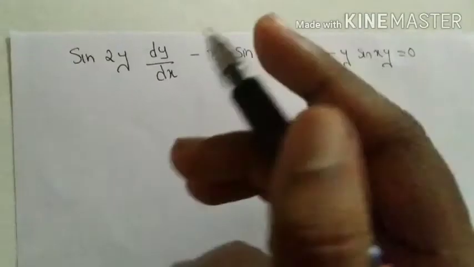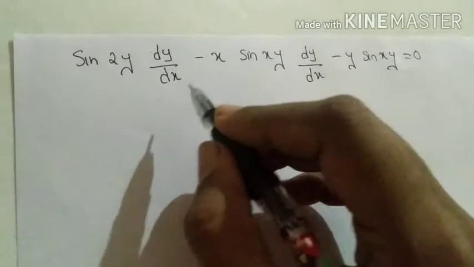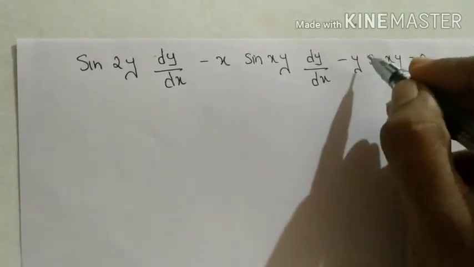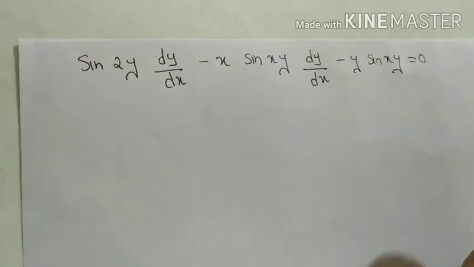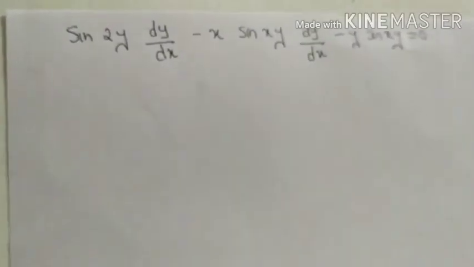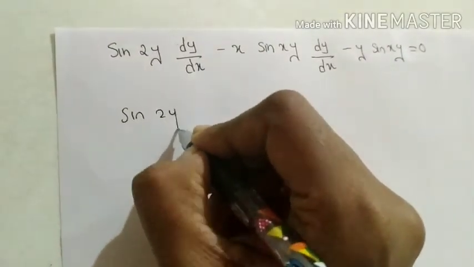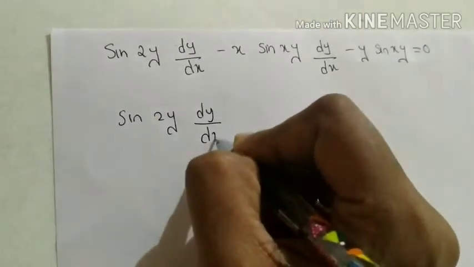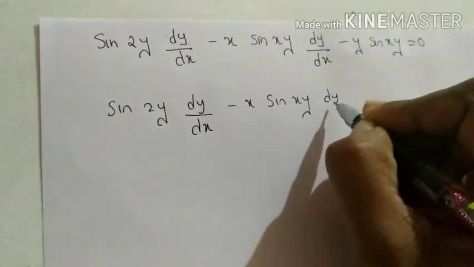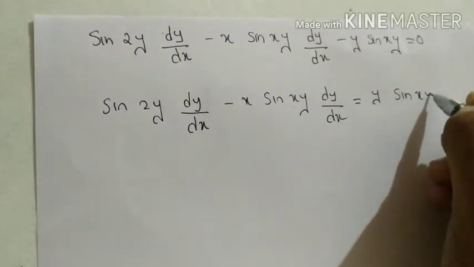If you observe this, these two terms contain dy by dx, right? So, let us take minus y sin xy to the right hand side. We get sin 2y dy by dx minus x sin xy dy by dx equal to y into sin xy.